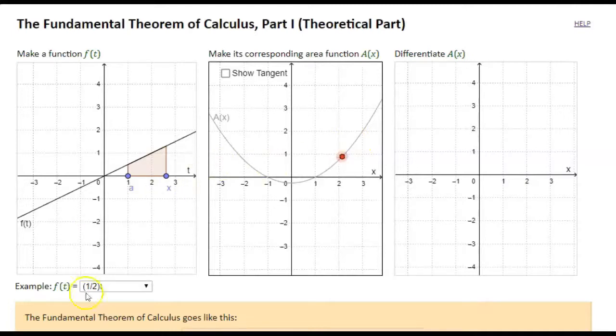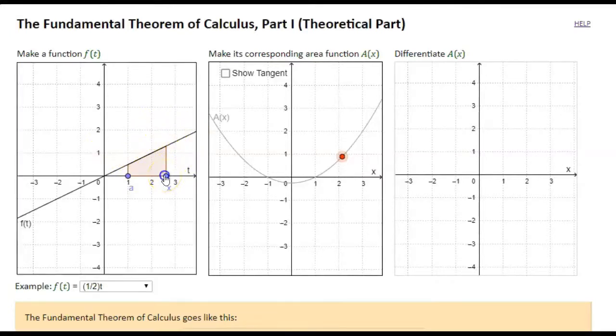All right, this function right here is the function 1/2 x, or it's 1/2 t. All right, that's this line right here. This line has a slope of up 1 over 2, up 1 over 2.